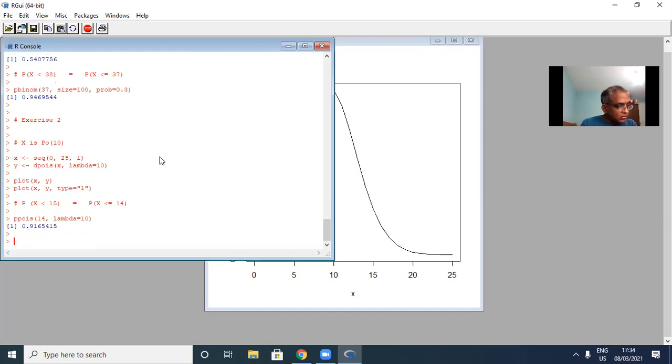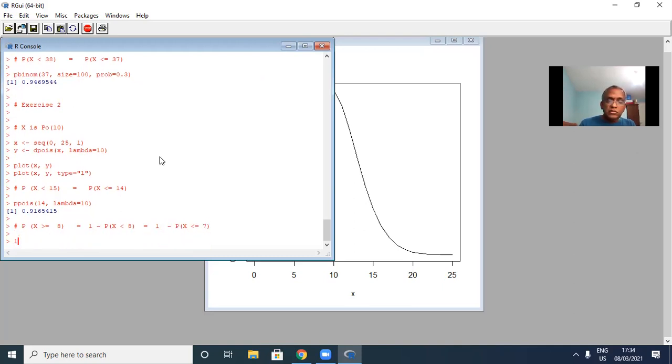The next part is to find the probability that X is greater than or equal to 8. This is the same as 1 minus the probability that X is less than 8, which is the same as 1 minus the probability that X is less than or equal to 7. So 1 minus P Poisson at 7, lambda equal to 10.